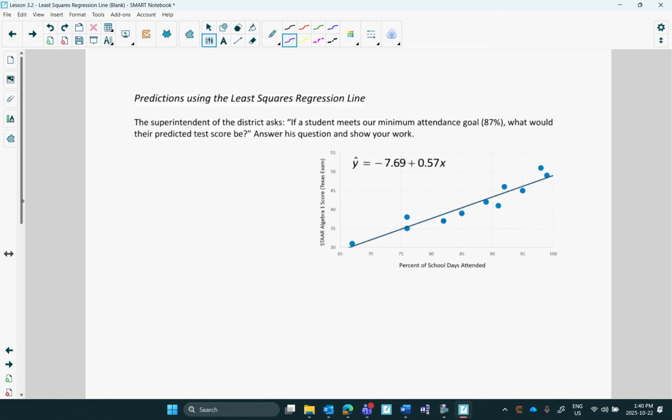So the superintendent of this district asked, going back to our problem, if a student meets our minimum attendance goal, which they've set at 87%, what would their predicted test score be? Well, we would just plug that in for X. So we get negative 7.69 plus 0.57 times 87.